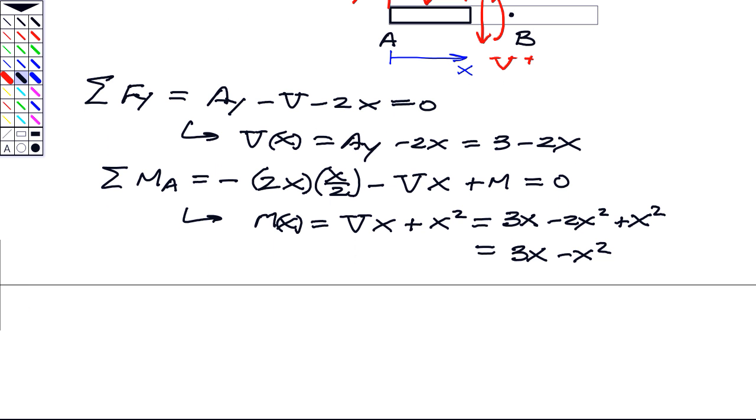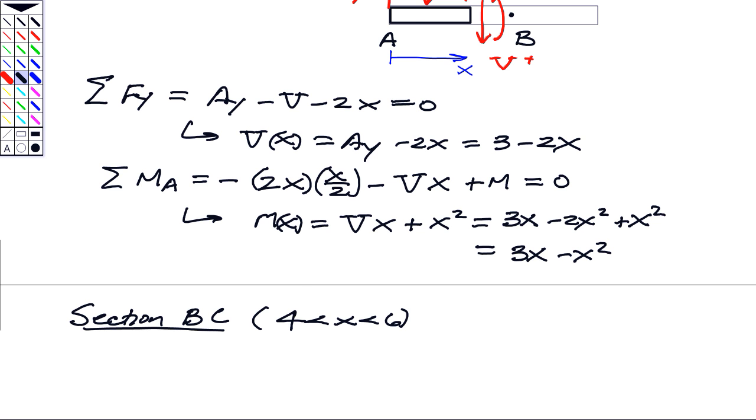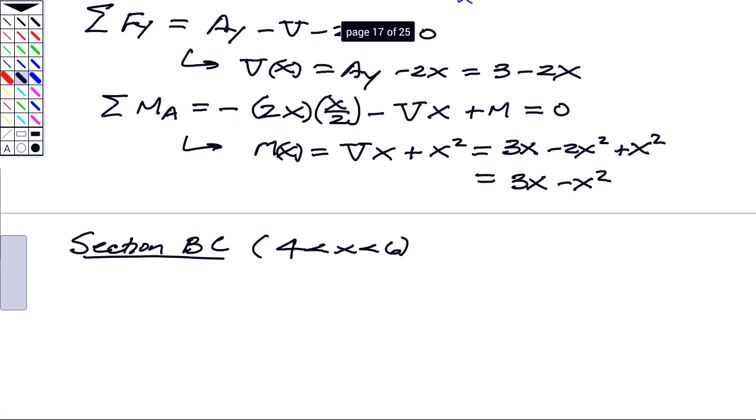If we're looking for section BC, section BC is between the value of 4 and 6. And for this, I need to draw a new FBD.